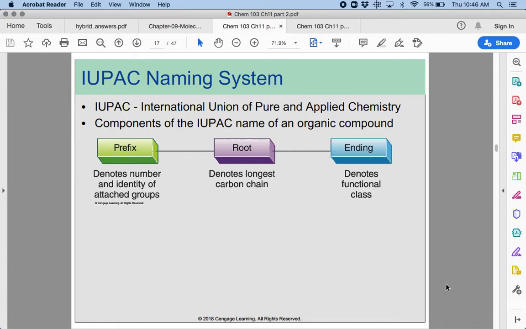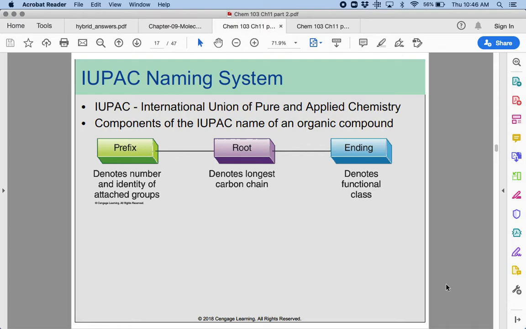Basically, it's a set of rules so that everybody can name the same compound, whether you're in Germany or Zimbabwe or Antarctica or California. Wherever you are, everybody knows what compound you're talking about because we all name it the same way. Before this system, different parts of the world named compounds differently, and as you can imagine, that got very confusing. Some common names are still around today, and that's all right. We'll look at some of those examples, but primarily we're going to focus on the IUPAC naming system.